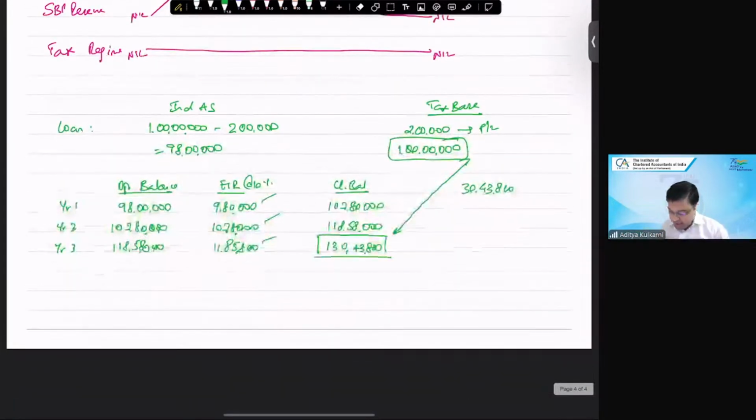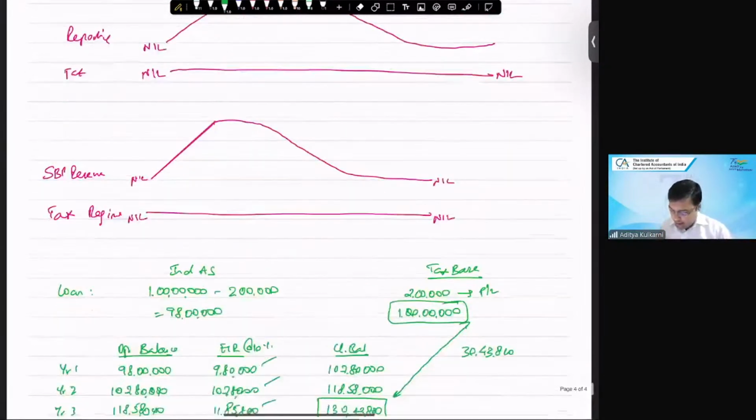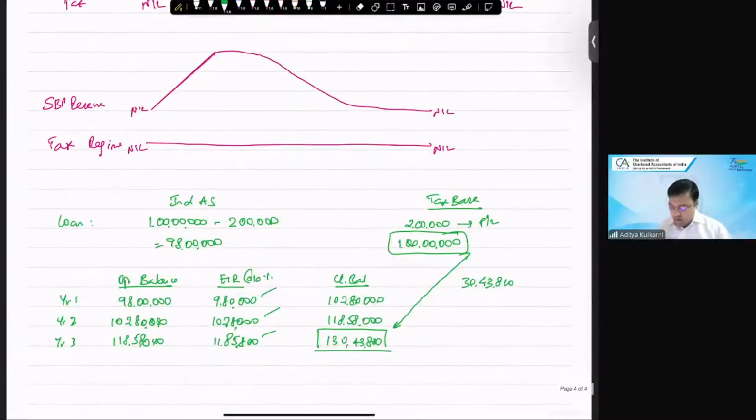So in your accounting regime, the loan is at 98 lakhs, and that slowly builds up to 1,30,43,800. And in income tax, it stays at 1 crore throughout, and suddenly in the third year, it jumps to 1,30,43,800. Is it okay? Yes, sir.